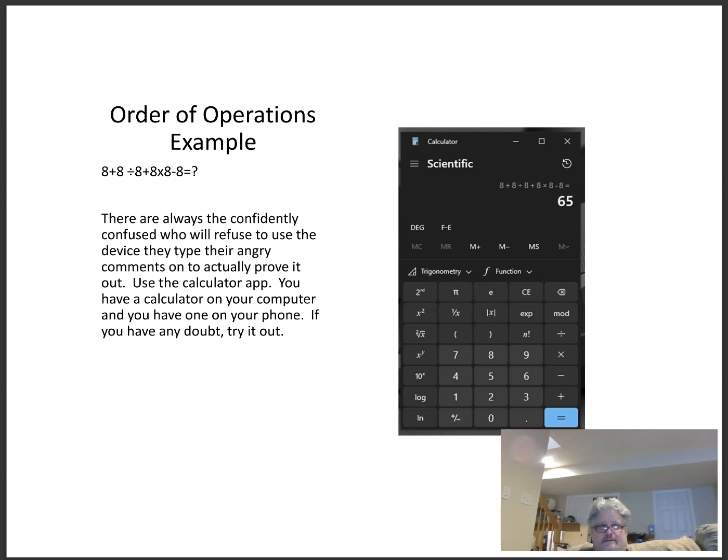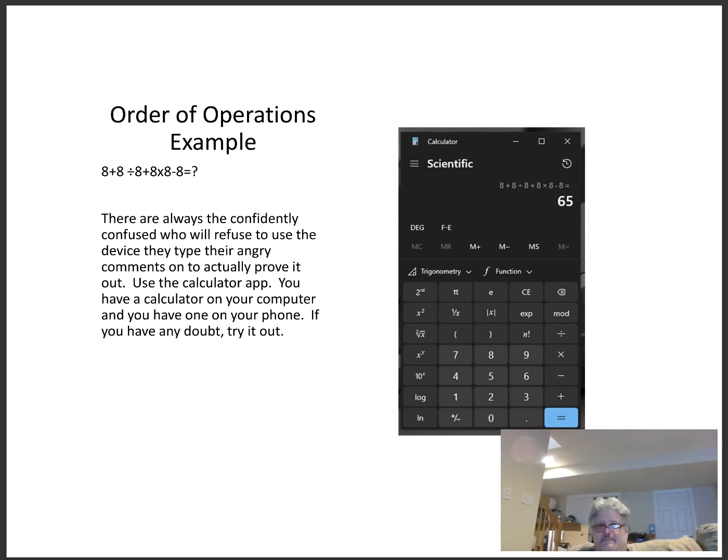This is a scientific calculator right off of my Windows 10 machine. I used the scientific calculator, not the standard, so I could get access to my parentheses and add those in. There's a lot of confidently confused people out there who will refuse to use the device that they type their comments on to actually prove it to themselves what the answer is. So go use your calculator app and do it correctly.